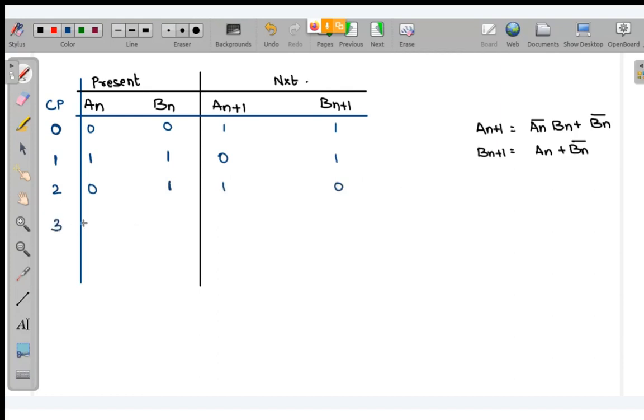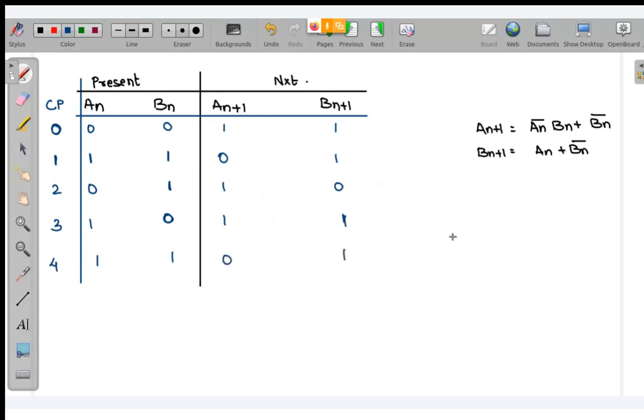At clock pulse 3, your present state is 1 0. Your next state will be 0, this will be 1 and here 1. So you can see you are returning again to this state. If you go to clock pulse 4, once again your states will be repeated. After 1 1 you are again coming back to 0 1.